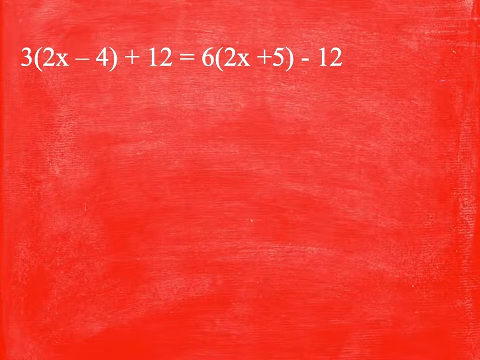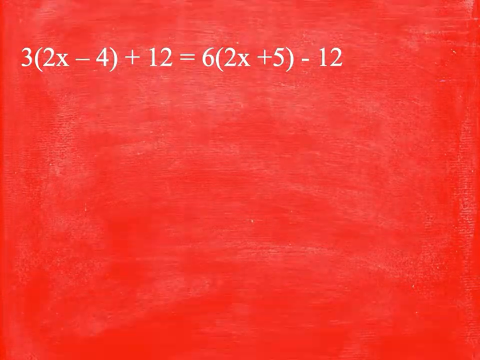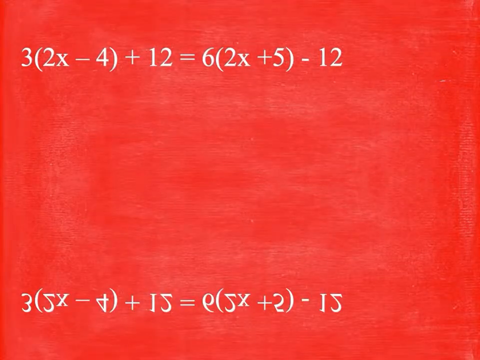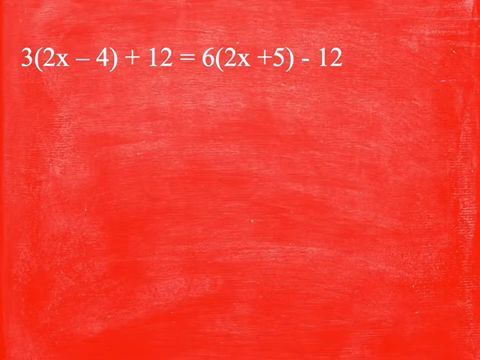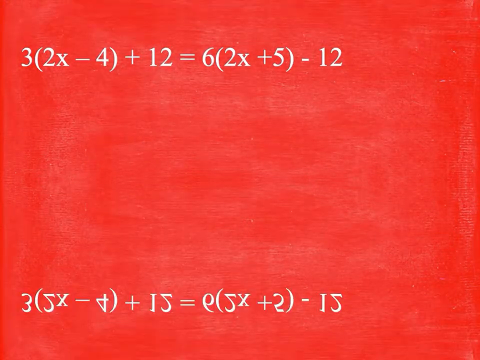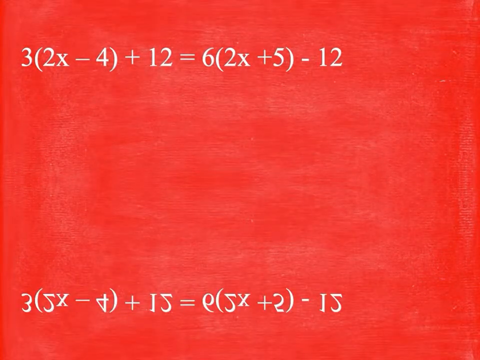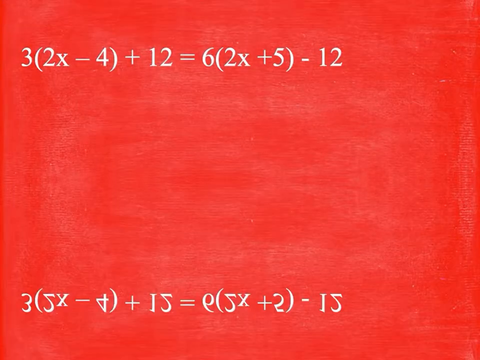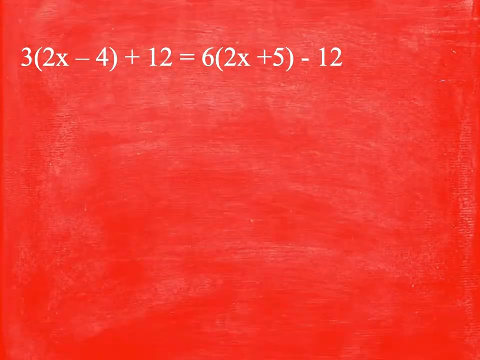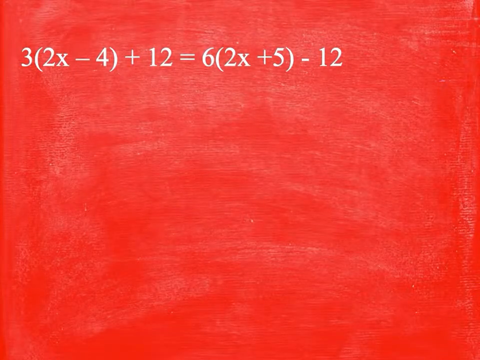Alright? So, we now want to simplify both sides. So before we start moving x's and stuff around, we need to simplify both sides. That makes 6x minus 12 plus 12 is actually plus 0 equals 12x. 30 minus 12 is plus 18. Now we want to get all the numbers on one side, all the variables on the other.